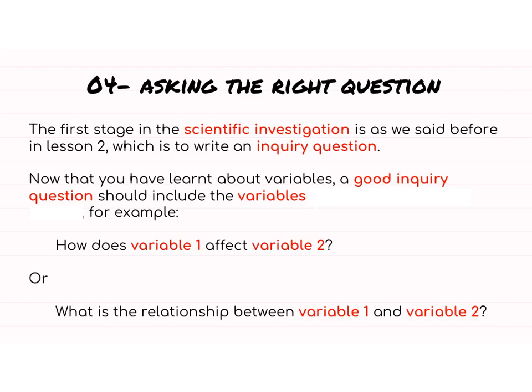Let's take Sarah's experiment as an example. The first inquiry question that you can ask is, how does the increase in the water temperature affect the amount of salt dissolved? Or, what is the relationship between increasing the temperature of water and the amount of salt dissolved?